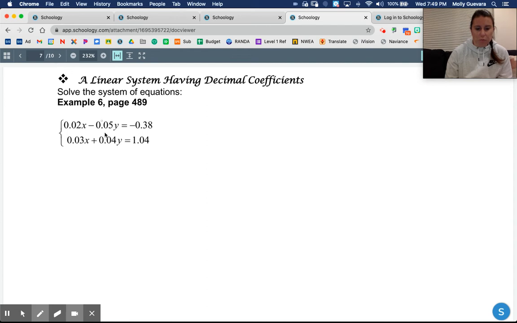So the trick is to look at each of your decimals and see how many places do I have to move all of these decimals in order for them to no longer be decimals? So like here, and you don't have to write this part, I'm just going to show you, I move the decimal place twice, it becomes a 2.